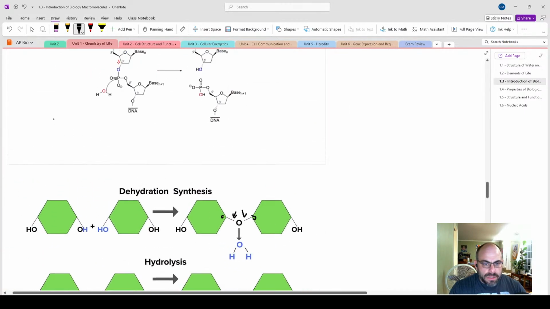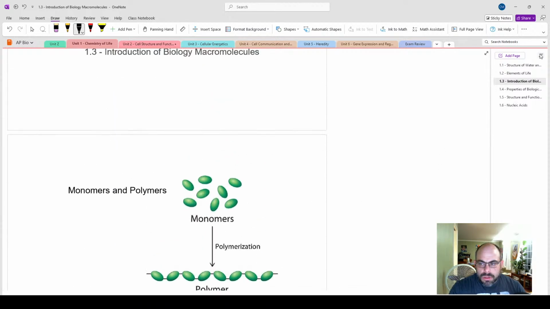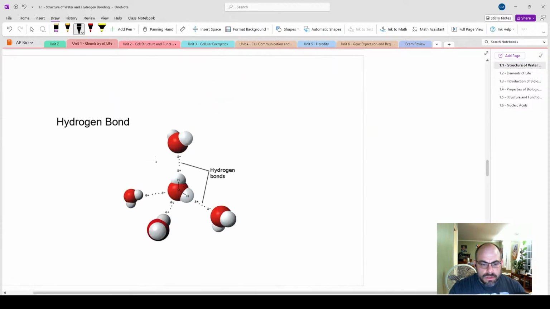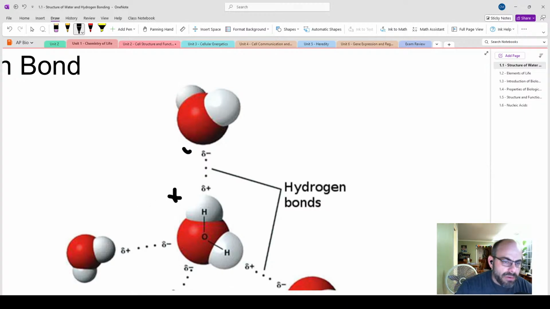Versus a hydrogen bond, which is not on this one. Is perfect. See these two water molecules? They're not actually sharing anything with each other, but there's a slight negative charge on this oxygen and a slight positive charge on this hydrogen, and they're attracted to each other, just like the erasers on my whiteboard.